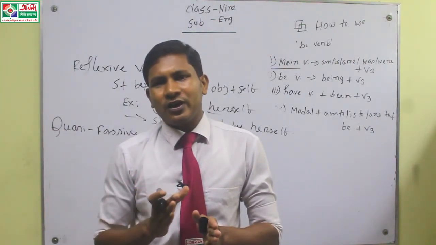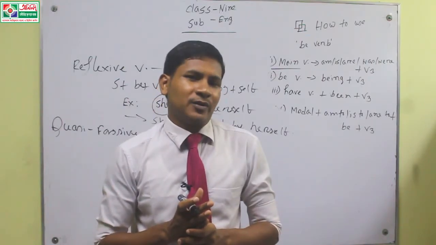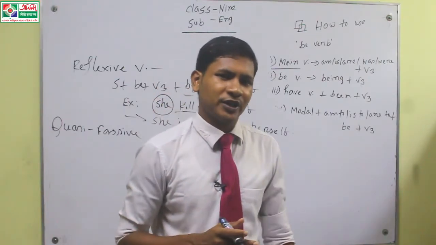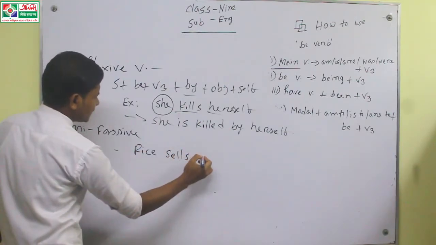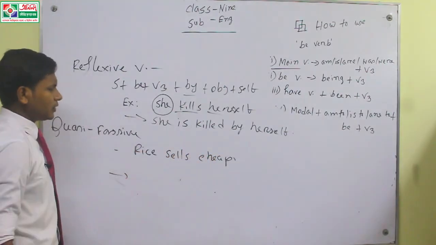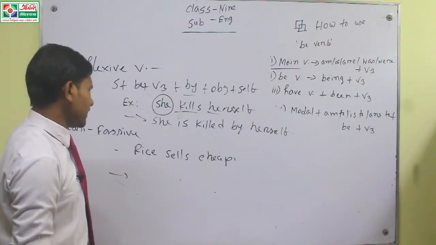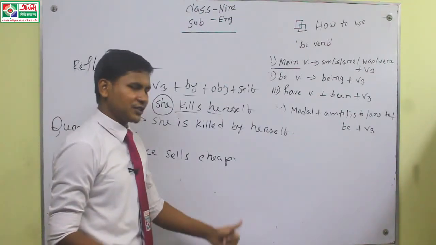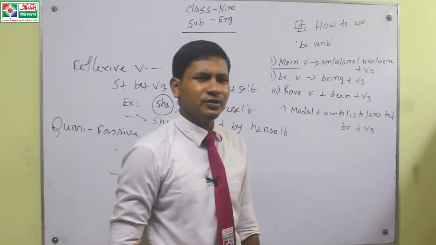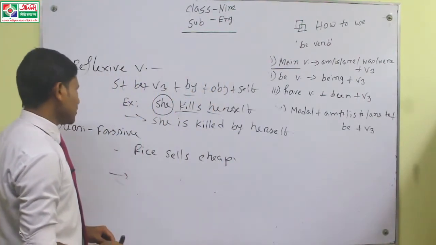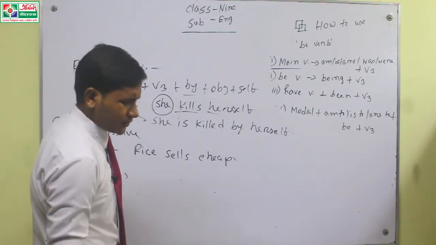This type of verb is called a quasi-passive verb. Do you understand? Okay. Rice sells cheap. Here we see that there is no object after cheap. So in what way can we change it?